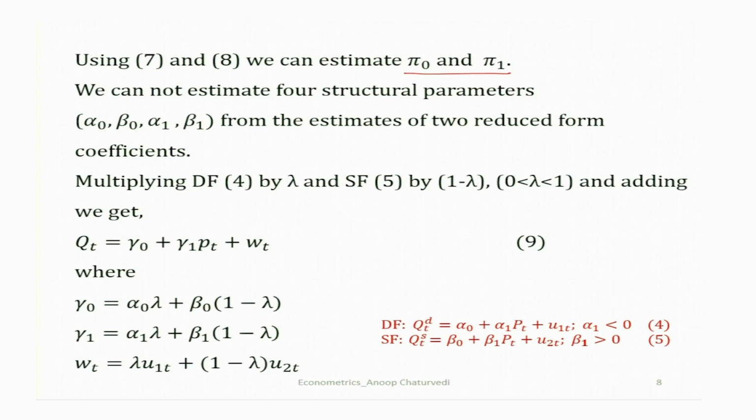Now, we look at the identification problem from a different angle. Suppose you multiply the demand function 4 by lambda and the supply function 5 by 1 minus lambda, and then we add. Then we get q t equal to gamma naught plus gamma 1 p t plus w t.